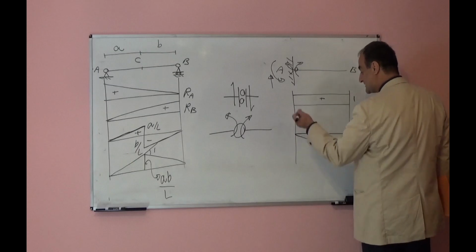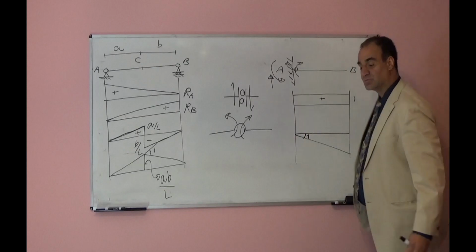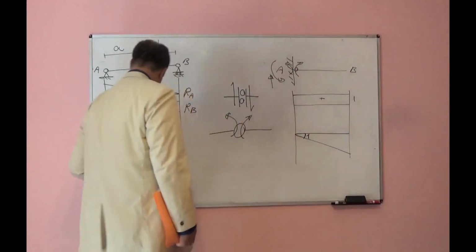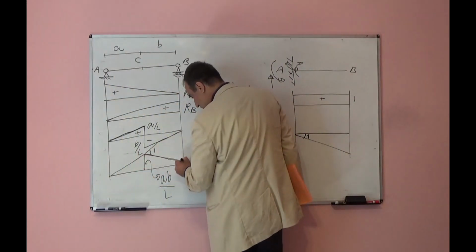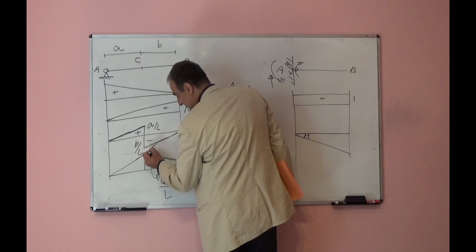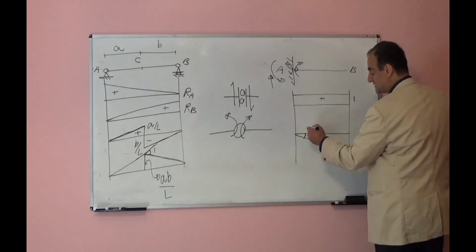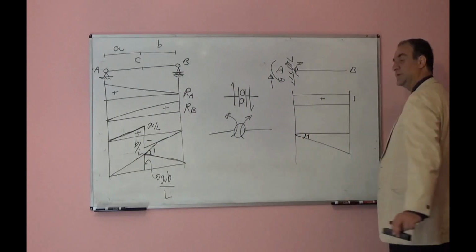Now, because one side is rotating, this angle should be equal to the unit angle. See the difference here? Because left and right, they are rotating both, this angle should be unit. Here, because one side is rotating, this angle should be equal to the unit rotation.